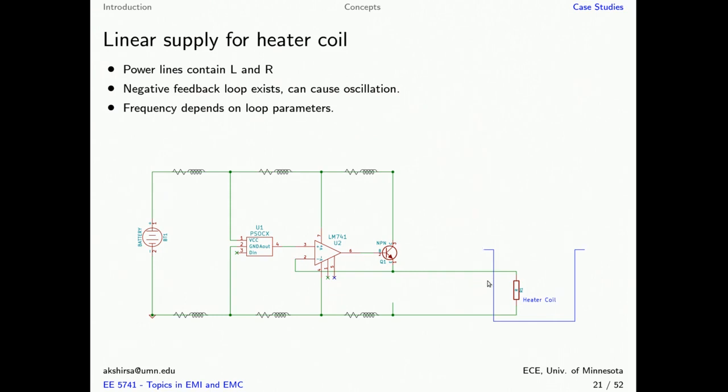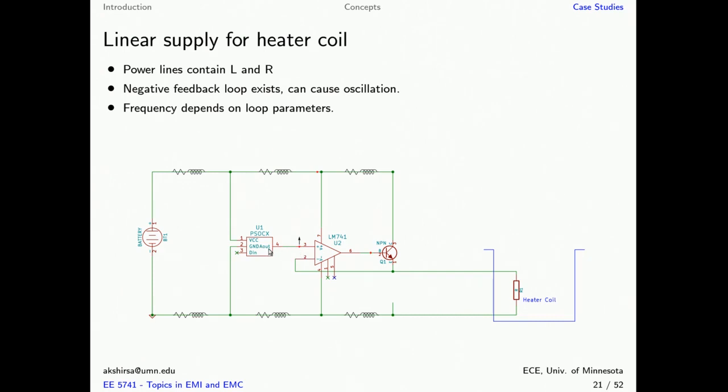Now, what's going to happen when this large heater current flows through these wires? Here we assume that the real circuit was wired up exactly as shown in this schematic circuit diagram. As I mentioned, the power lines, which means the conductors carrying this high-power current, have inductance and resistance. Now, let's look at this particular node.